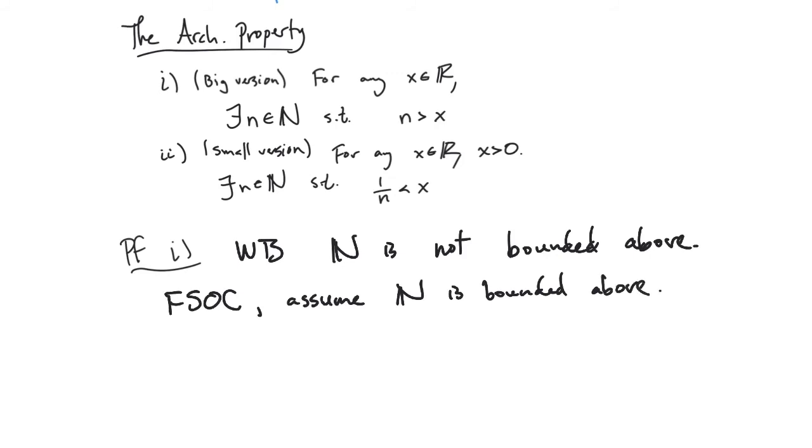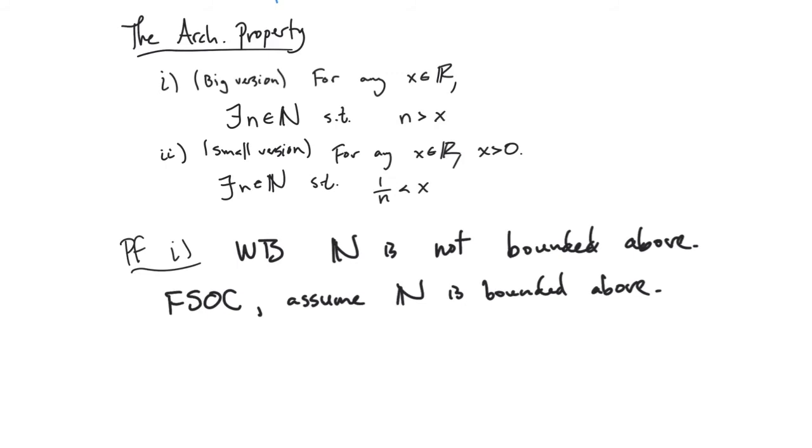And immediately we are going to use the completeness axiom. Does anyone remember what the completeness axiom said? Yeah. It says something like if it's not empty, then the sup of A exists. Right. So if A is a non-empty set which is bounded above, then the sup of A exists. That's what the completeness axiom says.